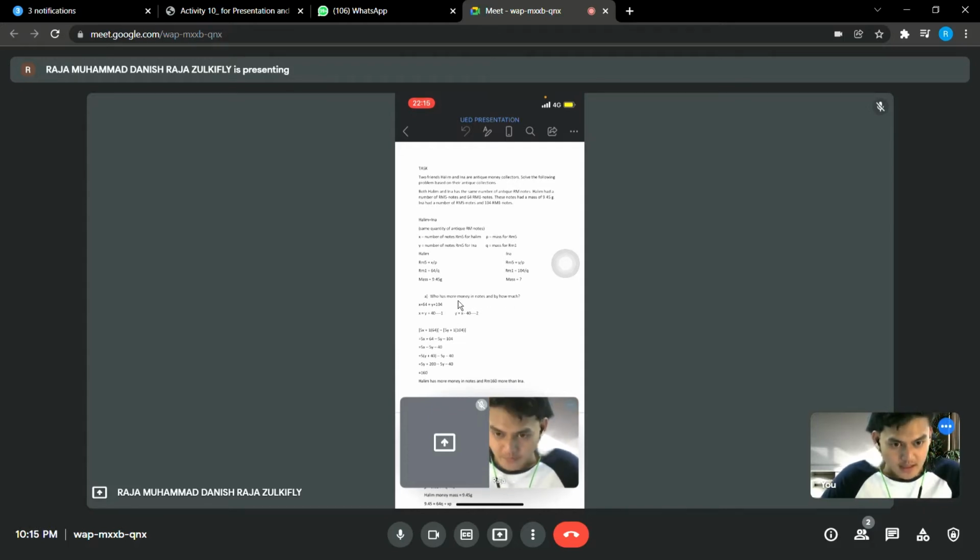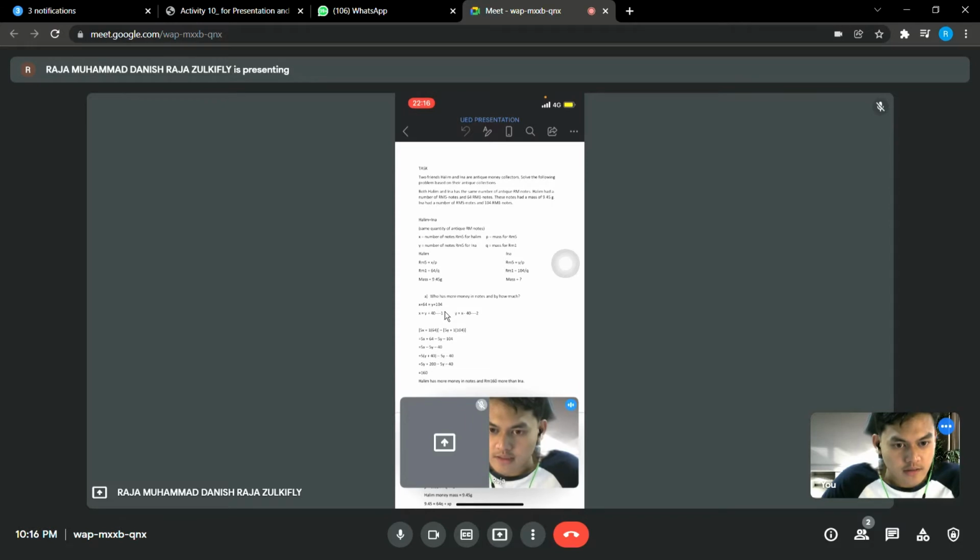So the question above states that Halim and Ina have the same number of antique RM notes. So I do an equation, X plus 64 equals Y plus 104.